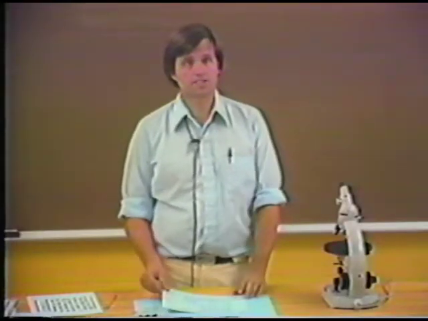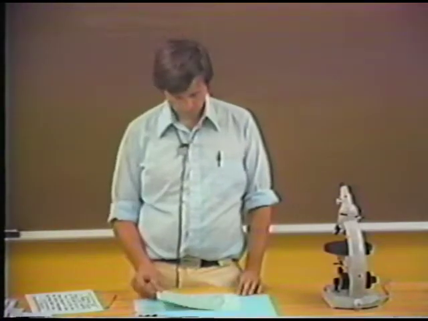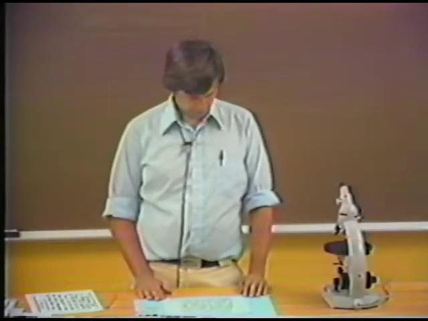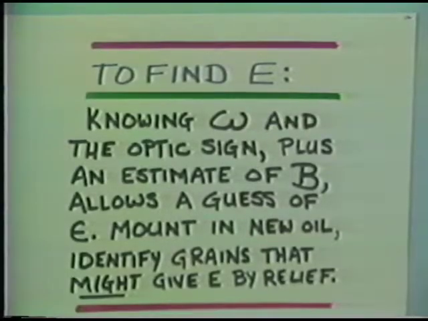Okay, well, what is the strategy then for finding the extraordinary ray? To find the E ray, if we know omega and the optic sign plus an estimate of birefringence, this allows a guess for epsilon. And so if we mount in a new oil, then our strategy is to identify grains that might give the E ray by looking at their relief.